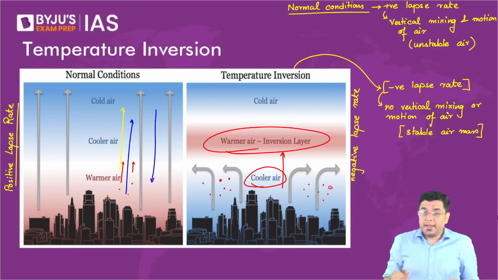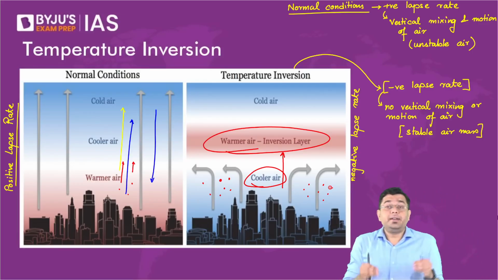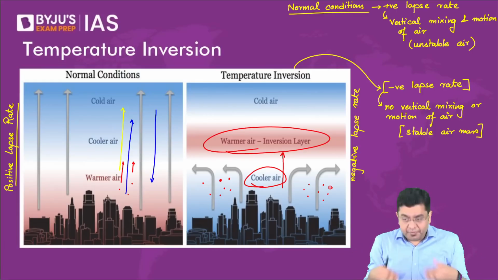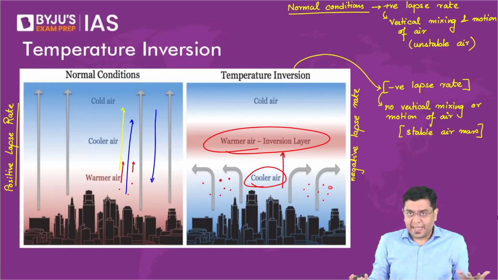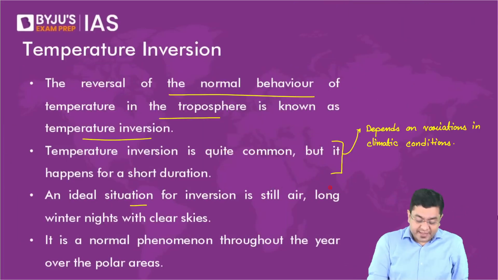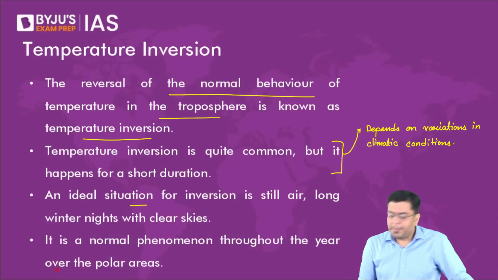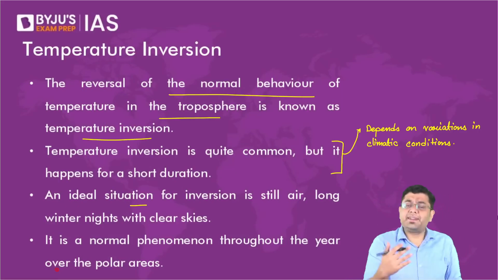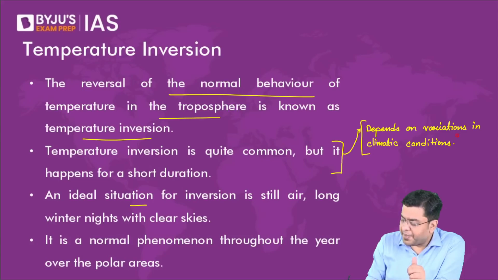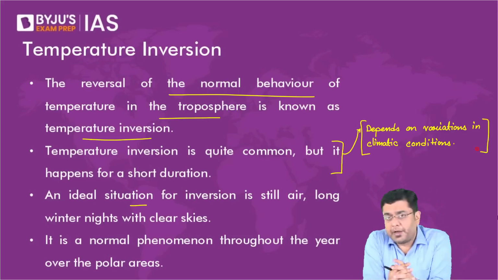So that is basically what is referred to as temperature inversion. Why it happens, we have not covered yet. We will cover why this condition happens where the warm air is above and cold air is below. But just before that, let me tell you that this temperature inversion can happen because of variations in climatic conditions at various different latitudes.